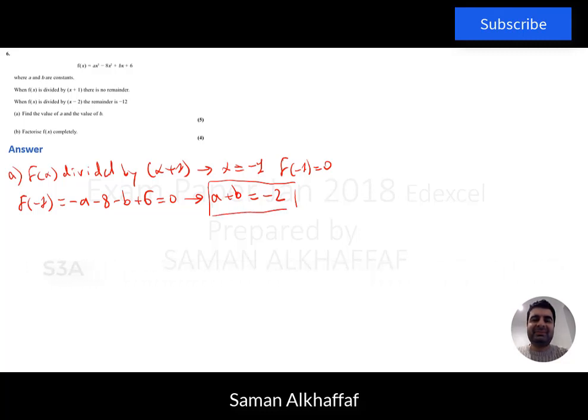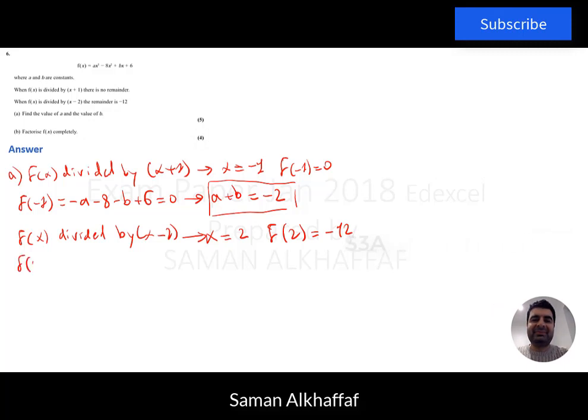Now we were also told that when f(x) is divided by x minus 2, there is a remainder. So the x value in this scenario will be 2, and we equate f(2) to minus 12.